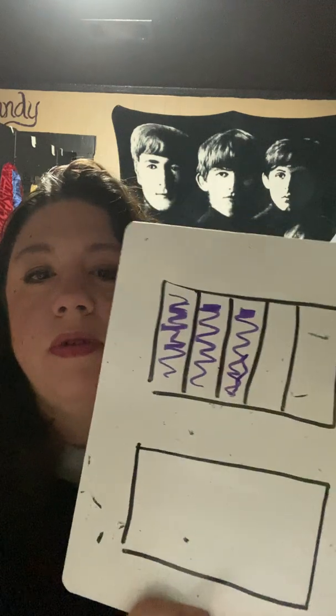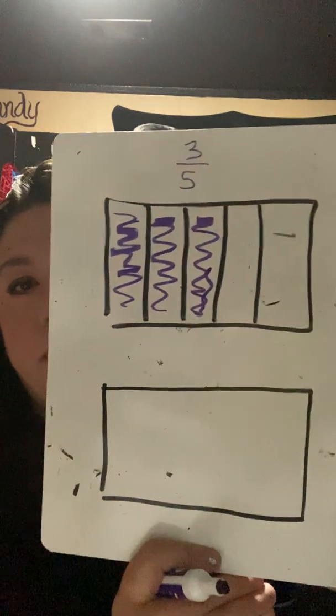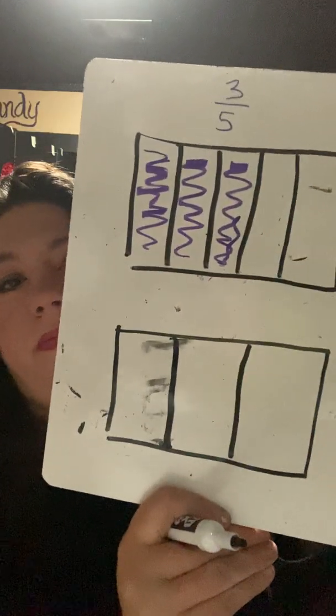And we'll say that's 3/5, because 3 out of 5 of them are colored. And then I'll show you another one. Now I'm going to make 2/3. So we'll divide another square or circle or whatever they decide to divide up into 3 parts. And they'll make the fraction 2/3.